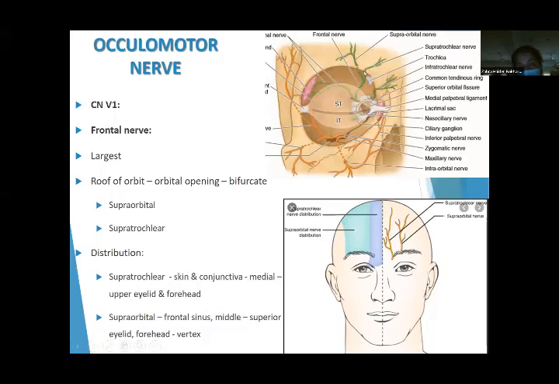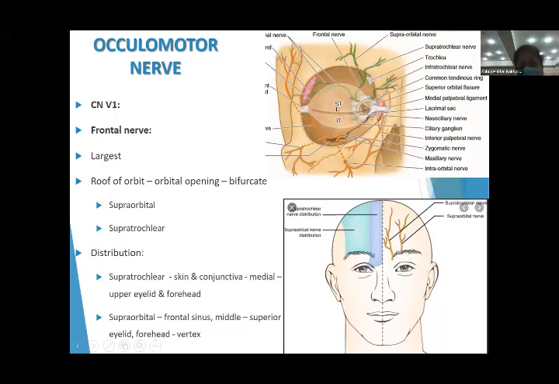of the orbit over here, it divides into two, the supratrochlear and the supraorbital.